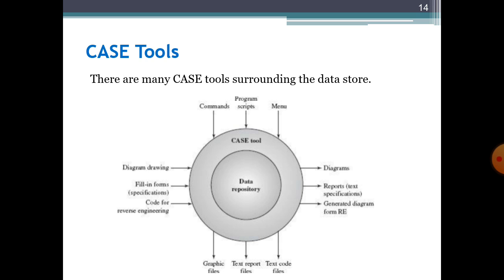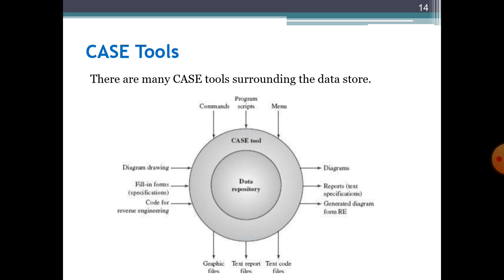The main advantage of these CASE tools is that they have centralized data with many supporting software tools which can generate different products for different purposes based on the same set of data. As we see in our previous slide, different products for different purposes based on the same set of data are produced by these CASE tools, which are surrounded by a data store.